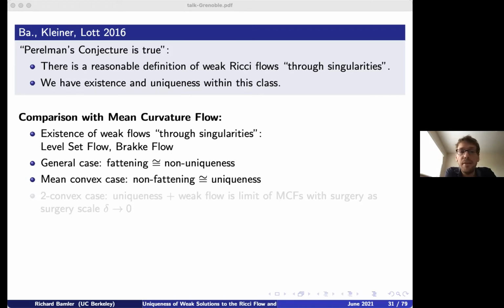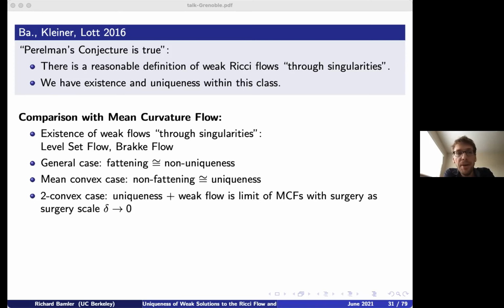However, if we look at a more restrictive class of mean curvature flows, namely the mean convex mean curvature flows, then it was proven by Brian White that there we have non-fattening, and so essentially we have uniqueness of the corresponding Brakke flow. And then even better, if we're looking at the two-convex mean curvature flows, then we have uniqueness.